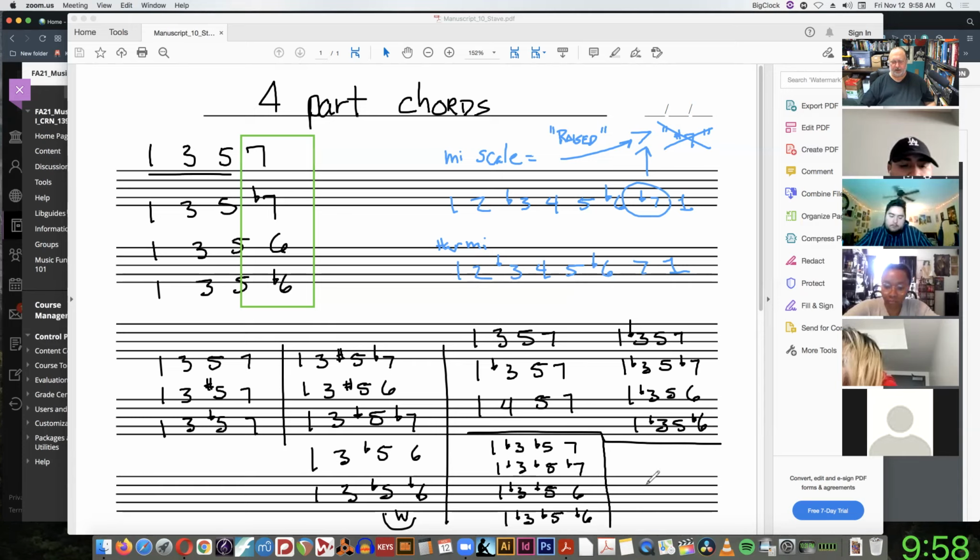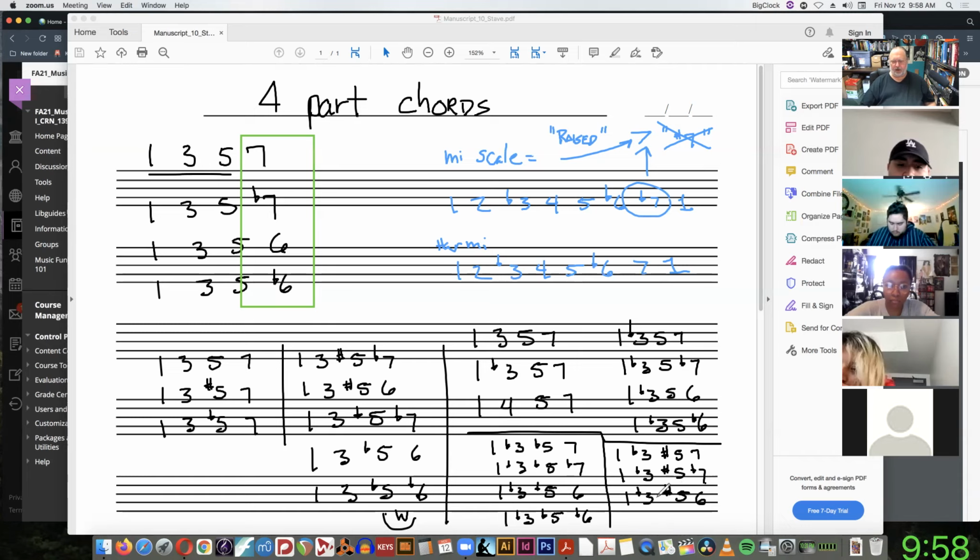And then the last one, we can go 1 flat 3, sharp 5, 7. Then I can go 1 flat 3, sharp 5, flat 7, 1 flat 3, sharp 5, 6.